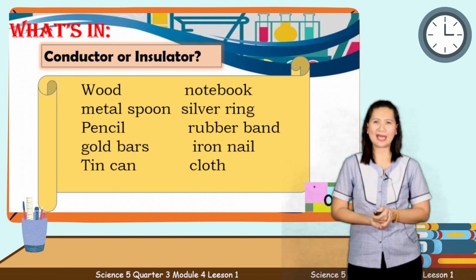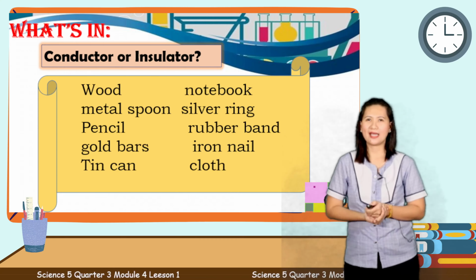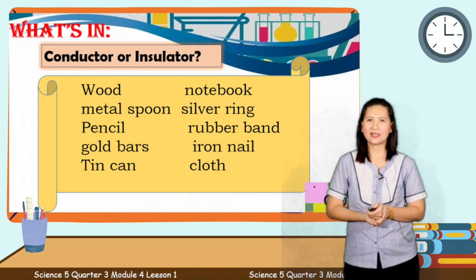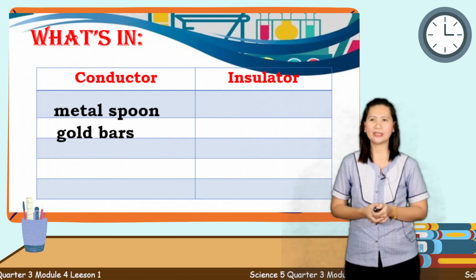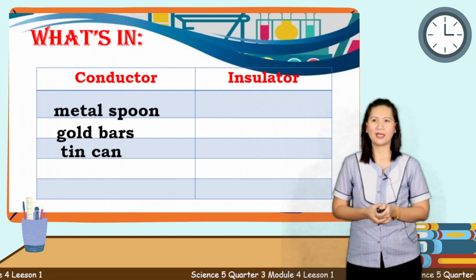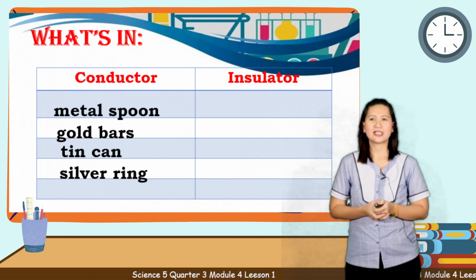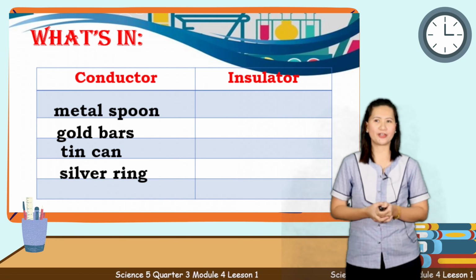Okay, so the time is up. So, let us reveal the answers. So, for conductor, we have metal spoon, gold bars, tin can, silver ring, and iron nail. Remember that these are the materials that allow electricity to flow through.